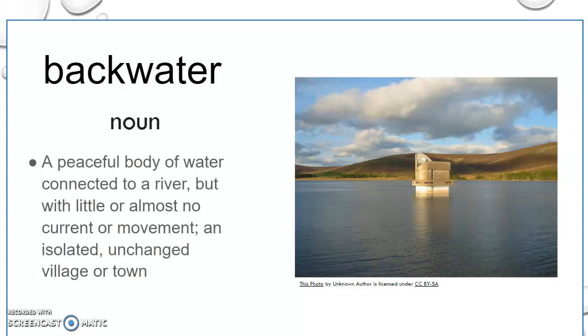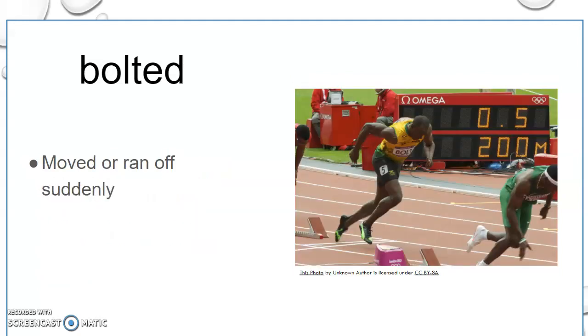And backwater is a peaceful body of water connected to a river, but with little or almost no current or movement. An isolated, unchanged town or village. So I gave you two definitions here. We're just going to focus on the first one. A peaceful body of water connected to a river, but with little or almost no current or movement. That is our first word, backwater.